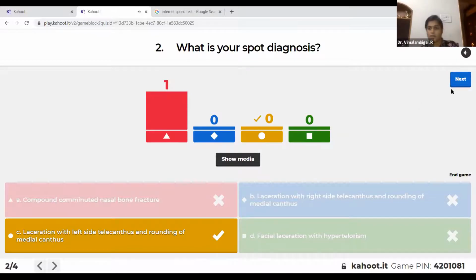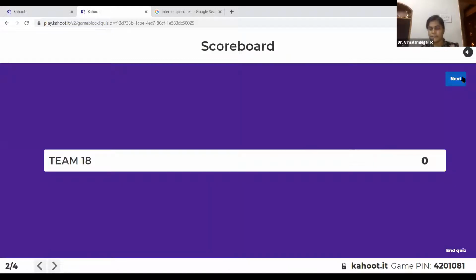Okay, because what are the indicative features? You saw that the medial canthus was rounded on the left side. There was an increase in the canthal distance on the left side. That is why the telecanthus, and the horizontal palpebral fissure was narrowed down. Okay. Next question.